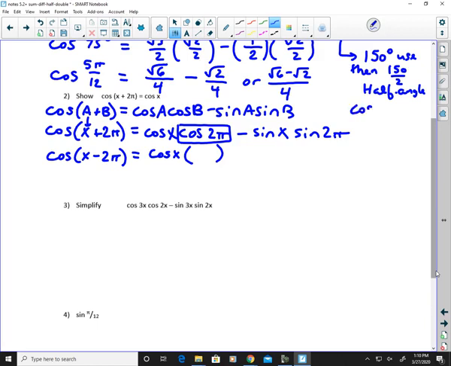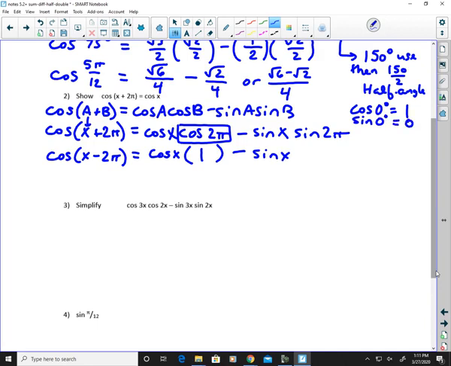And the cosine of 0 radians or 0 degrees will be 1. So I'm going to put a 1 everywhere where I saw cosine 2 pi. And then sine x. And now I need to know what the sine of 0 degrees is, and that is 0.